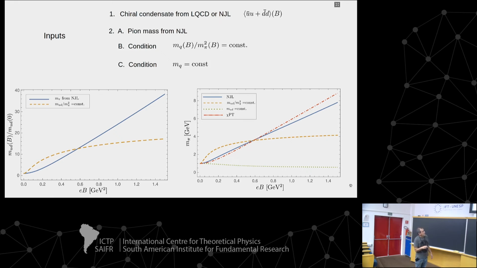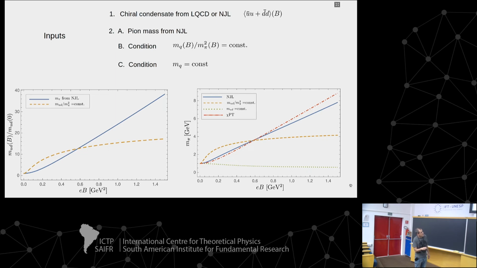Also, this is the Nambu-Jona-Lasinio result, and the pion mass I can get with this constraint is the yellow one. If we set the up and down quark mass as constant, it decreases. So we can see that this is not possible.